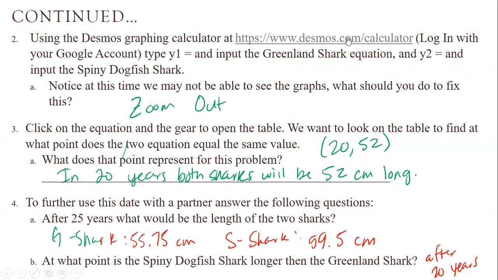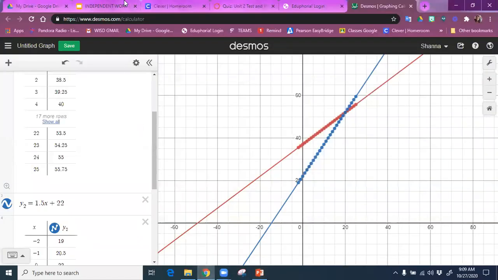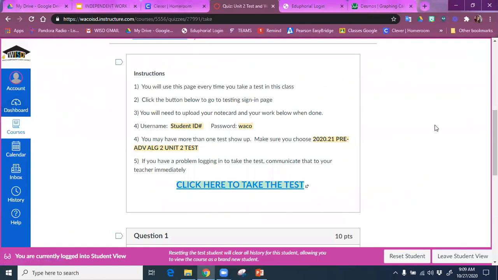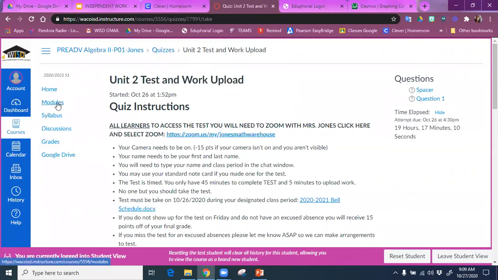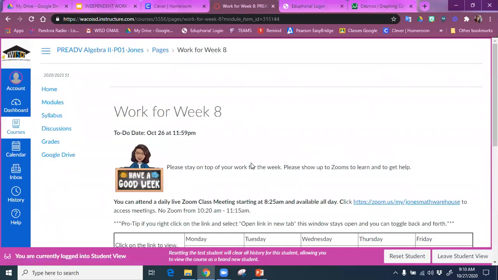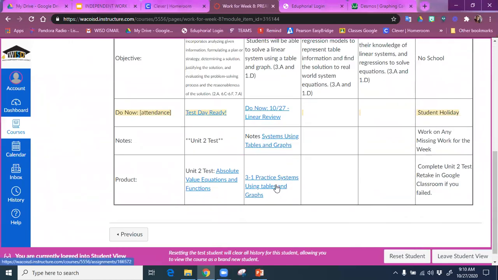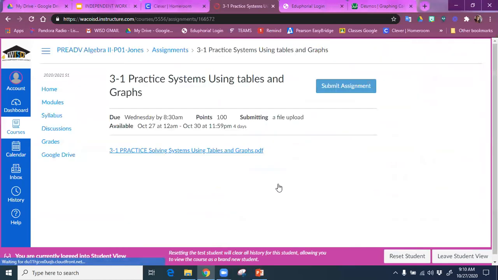Well, that concludes our notes. At this point, we go, be a student. You should be able to go to week 8. And you'll see your practice. And to open the practice in the window, you press the magnifying glass.